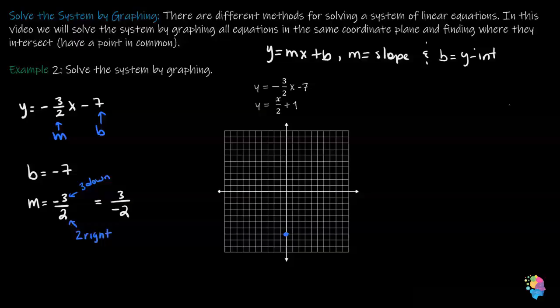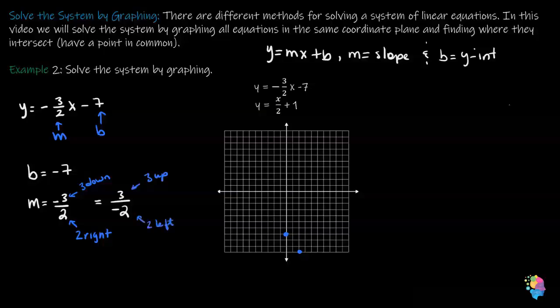So let's plot a point in that direction. From the y-intercept, I go 1, 2, 3 down, and then 1, 2 to the right. And that's where the second point will be located. However, if I use 3 over negative 2, that means that I'm going to go 3 up and 2 to the left.